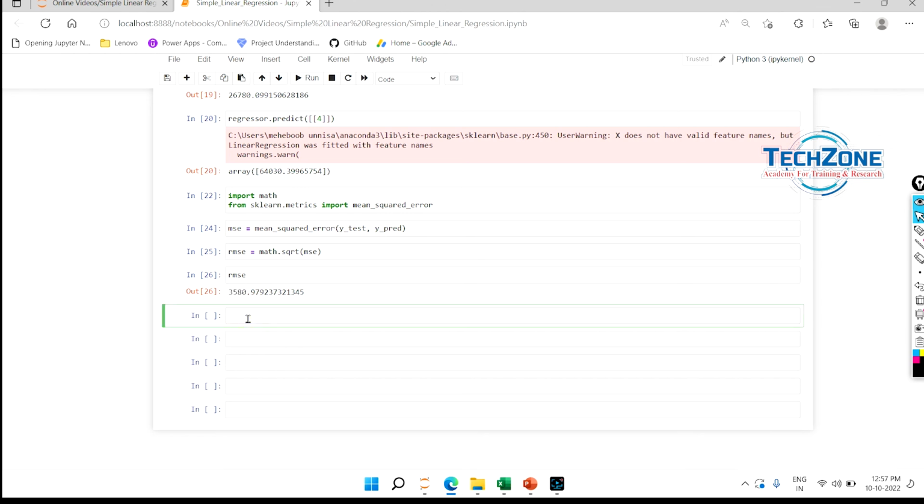Don't think this is a big number, we are dealing in thousands, right? So 3580. Root mean squared error is actually small, so our model is doing well. So that was about simple linear regression. We'll also learn about multiple linear regression.